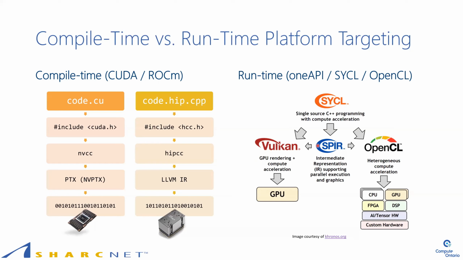That intermediate representation can be consumed by an OpenCL ICD, or installable client driver, or a Vulkan ICD. And depending on which ICD is available, it can be run on CPU, GPU, FPGA, and everything.